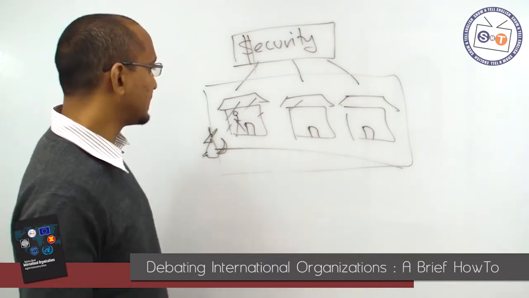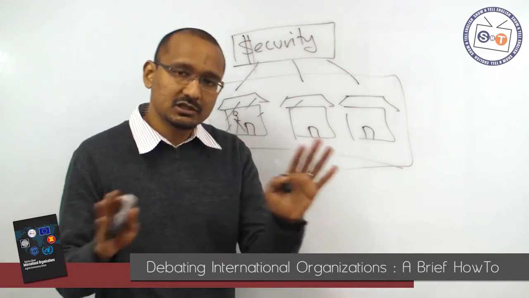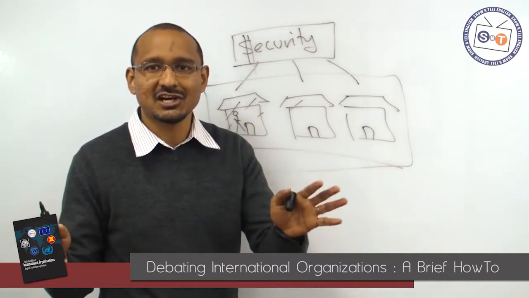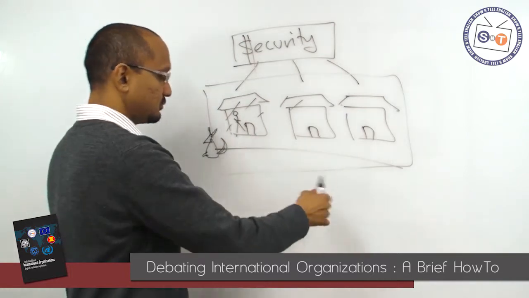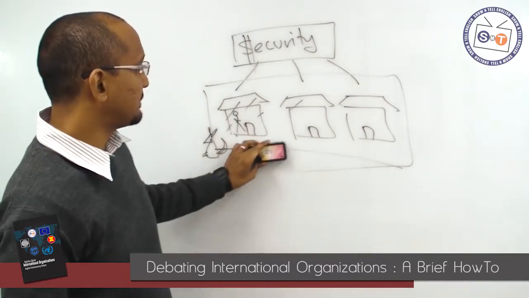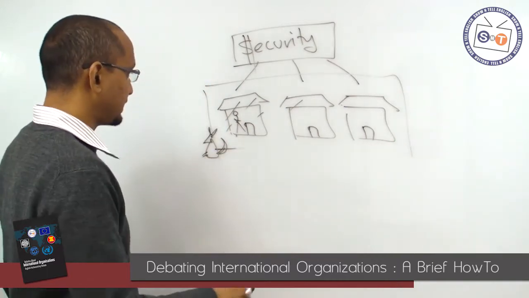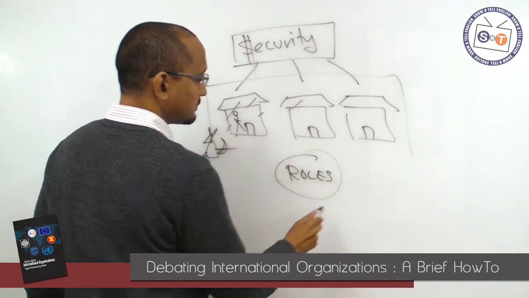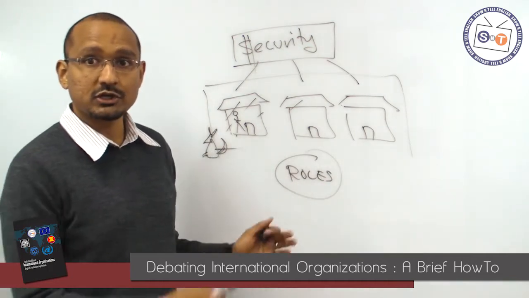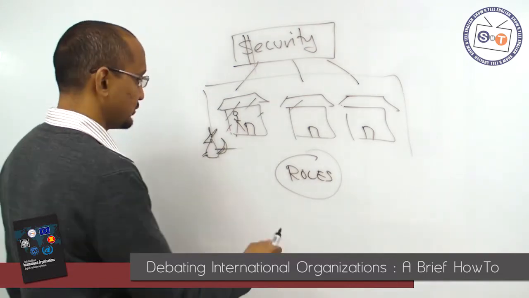analogy. Okay? Now, I think there are fundamentally three types of international organization debates, and they'll come down to largely three things. Let me try to simplify it. I'll keep this model here. So you have debates about the roles of that organization, what it should do, what it shouldn't do, whether it is doing what it's supposed to do.